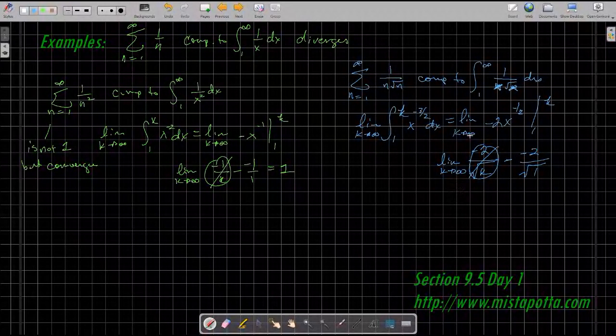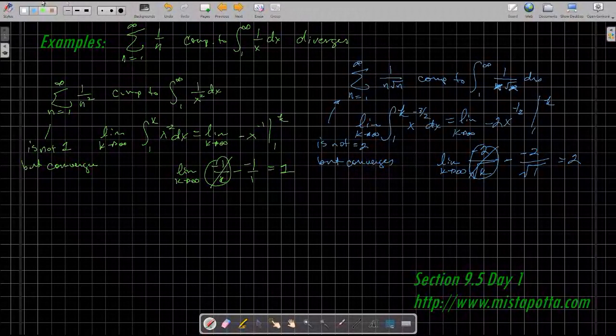And so this integral comes out to be 2. Now I'm not saying that the sum is 2. The sum, as a matter of fact, is not equal to 2. But it converges.